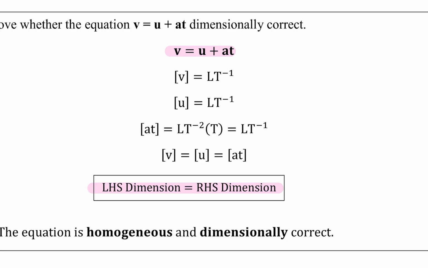Looking here, the dimension for V is LT^-1. L represents length, and the SI unit for length is meter. The SI unit for T, which is time, is s, with the power of negative 1. So the unit for V, the final velocity, is m s^-1.